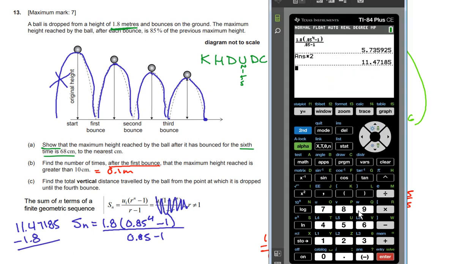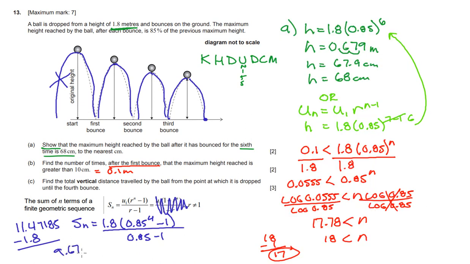So we take our calculator, subtract 1.8, and we end up getting 9.67 if we round it to 3 significant figures. So 9.67 meters would be that total distance the ball has traveled.